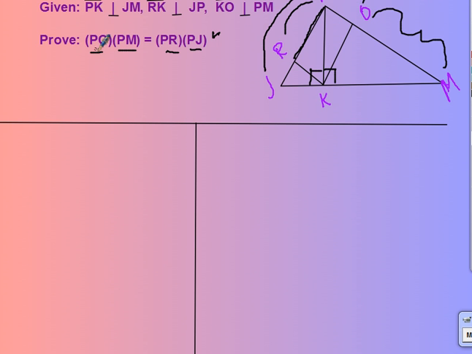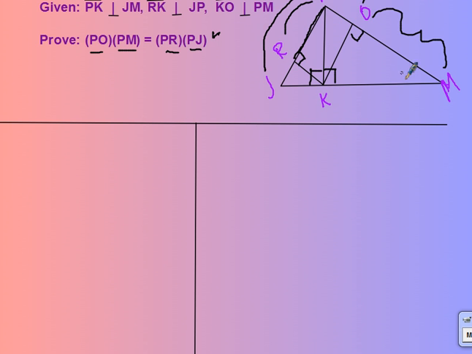Then let's see how we'd figure out this one. We have PO and PM, and KO and PM are perpendicular, so that would give us this right here. And then we want to state that maybe KO squared is PO times PM, but I really need them to have something in common here.